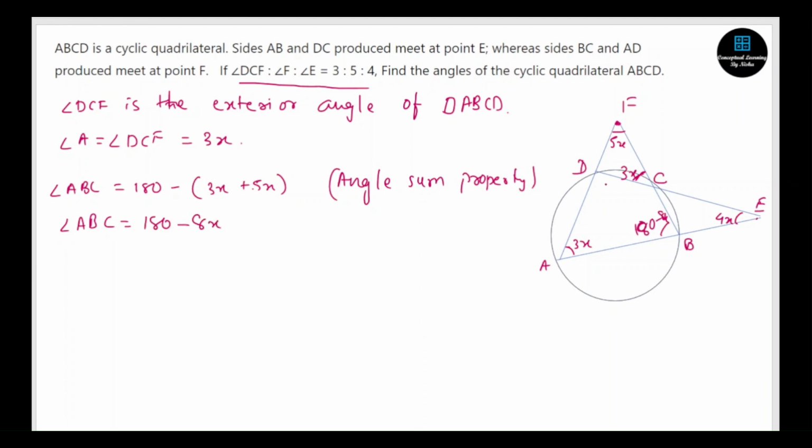Now automatically this becomes 8x because of supplementary angles, and now I can find the value of x.